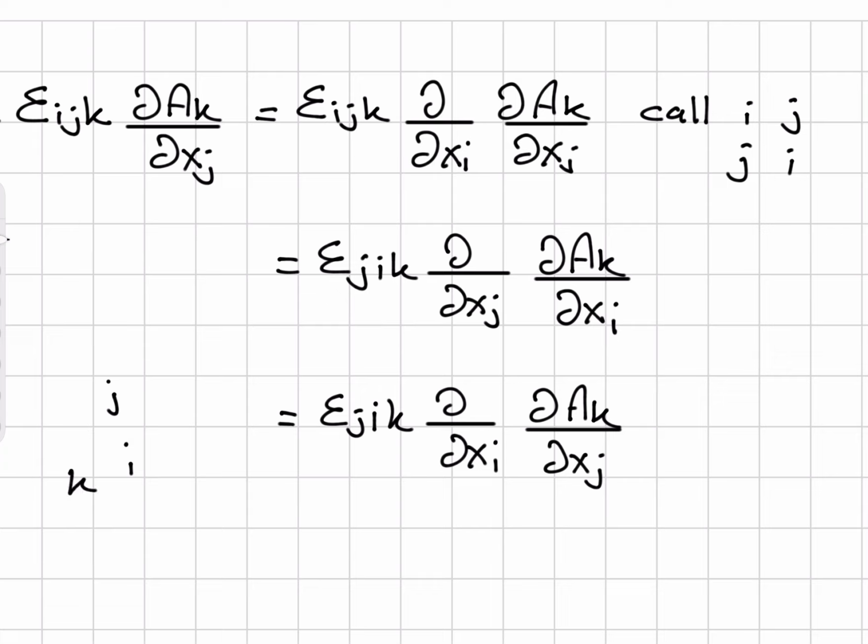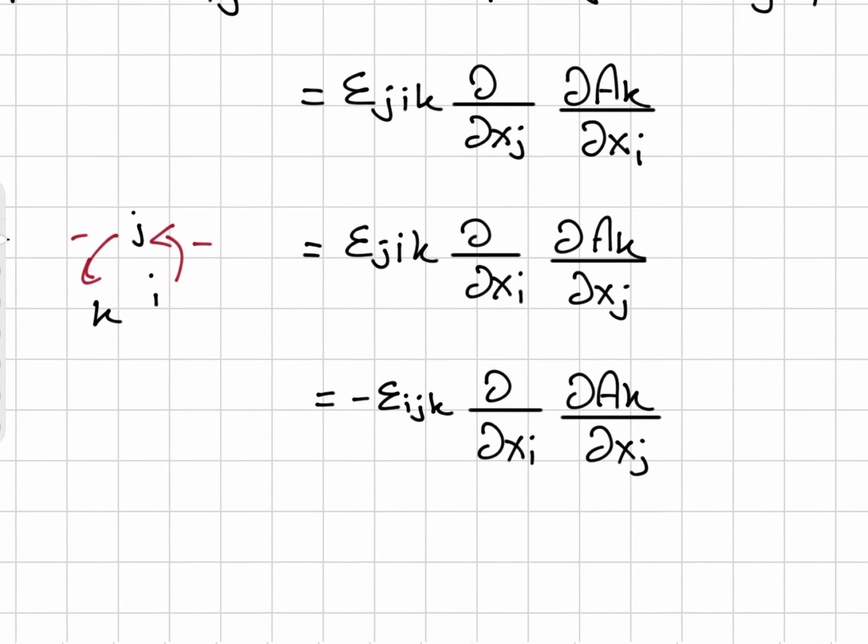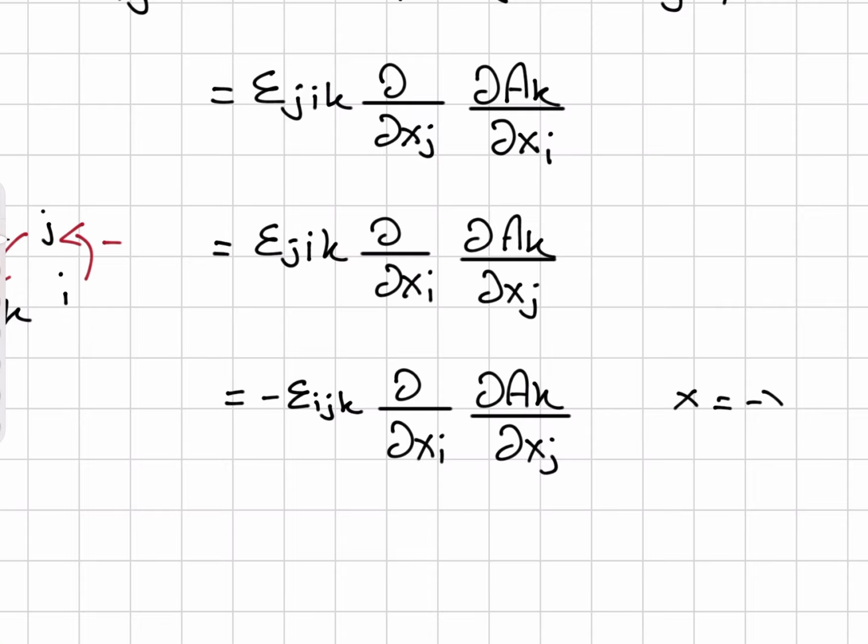And once again, epsilon jik, if you want to make it ijk, you're going in the negative direction, not clockwise. So this is going to be minus epsilon ijk, an odd number of reorderings here. This is minus epsilon ijk del xi del ak del xj, which is now telling us that x is equal to minus x, so x is 0.